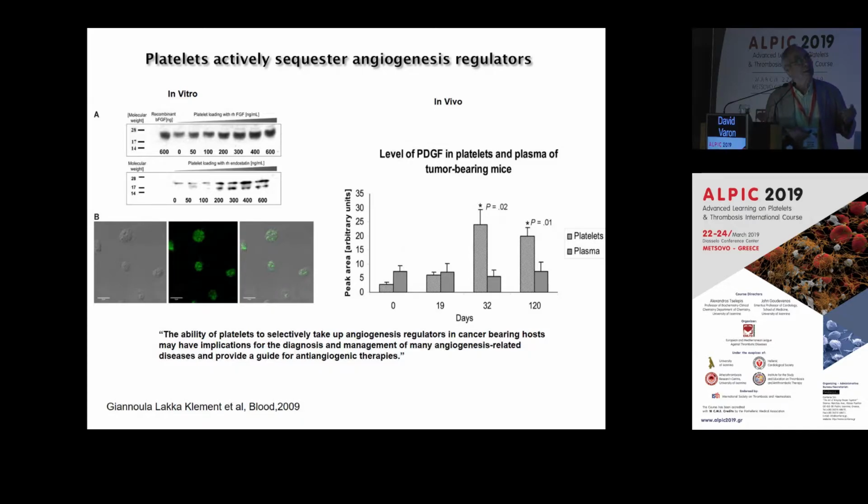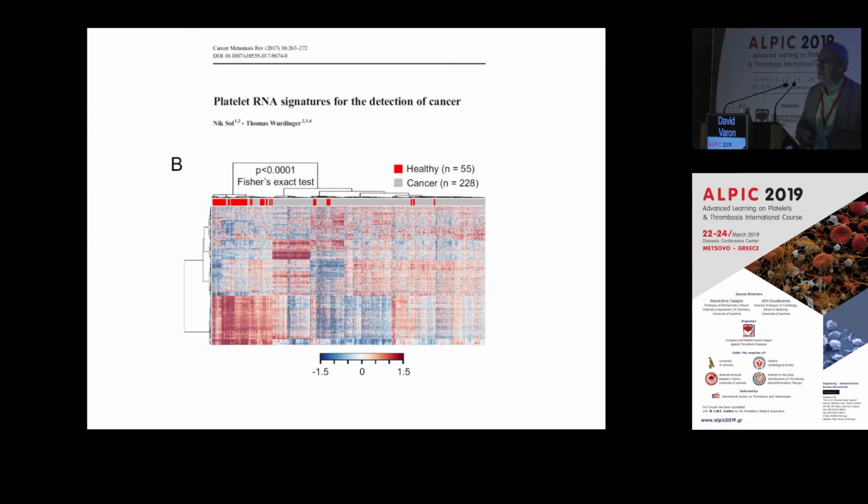For example, cancer patients show an increase in the VEGF concentration in platelets as compared to the plasma, as compared to normal platelets. So granules of platelets from cancer patients are exhibiting increased concentrations of cytokines. This is another way by which platelets acquire these agonists.